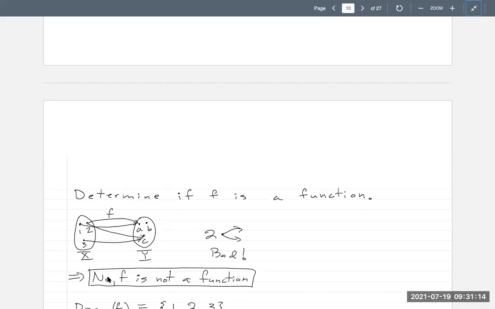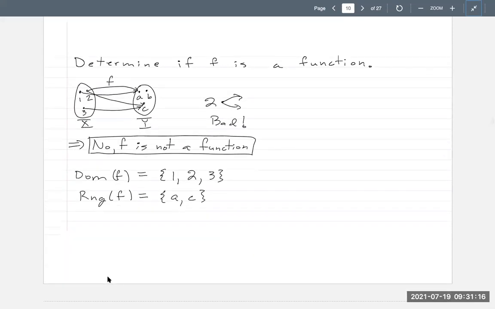We can still figure out domains and ranges, etc. So the domain and the codomains and coranges. Let's figure out the domain of my function. So the domain of f here is this. Well, let's see.